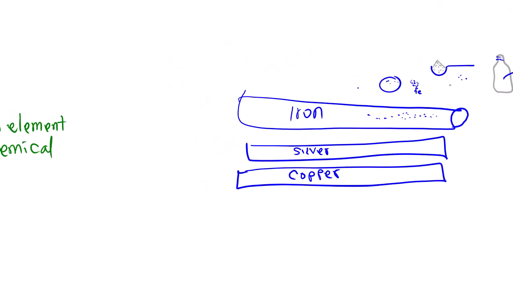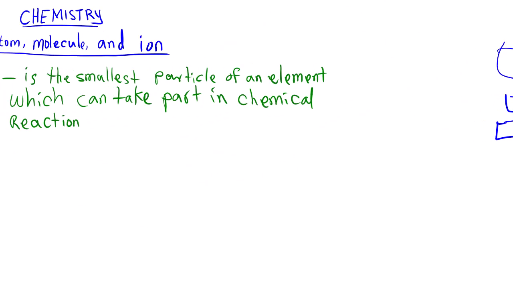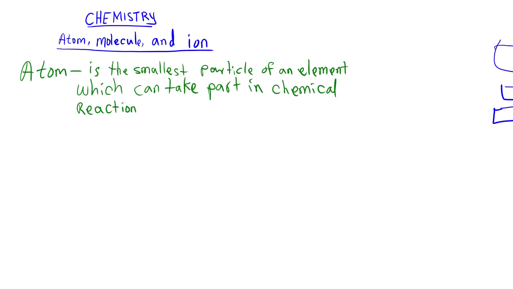So that's the smallest particle of an element that can take part in a chemical reaction. If you want to know if hydrogen gas can catch fire, then you can use the atom. Unfortunately, atoms are extremely small, very tiny. You cannot do your experiment with a single atom.